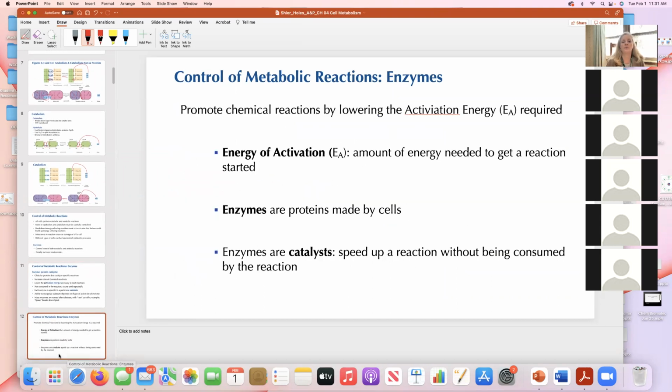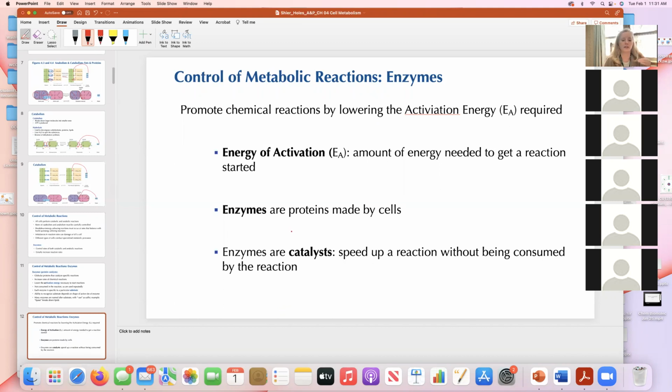All right. So when we talk about the control of enzyme reactions and how they promote the lowering of the activation energy, you probably have somewhat learned this in chemistry before and forgot about it. Okay, the activation energy is the energy barrier that a reaction needs to get over, this hump, in order to get the reaction going, in order to get this party started, right?